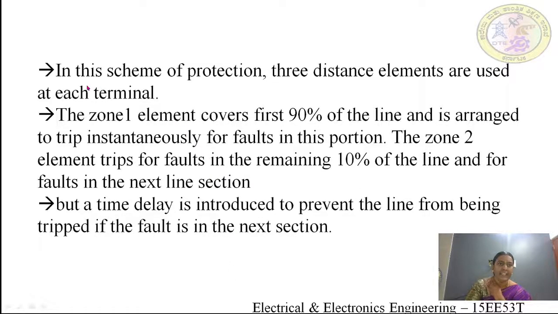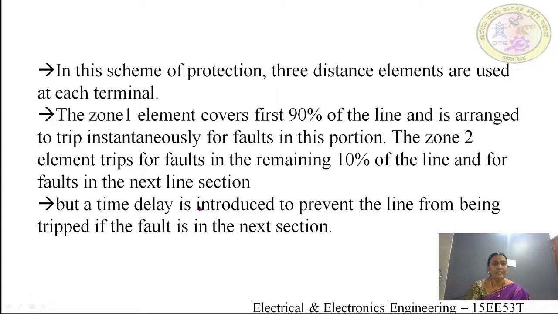In this scheme of protection, 3 distance elements are used at each terminal. The zone 1 element covers the first 90% of the line and is arranged to trip instantaneously for a fault in this portion, and the zone 2 element trips for a fault in the remaining 10% of the line and for a fault in the next line section.